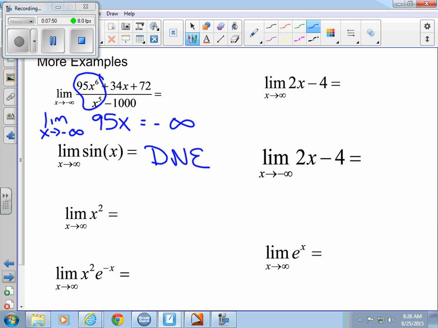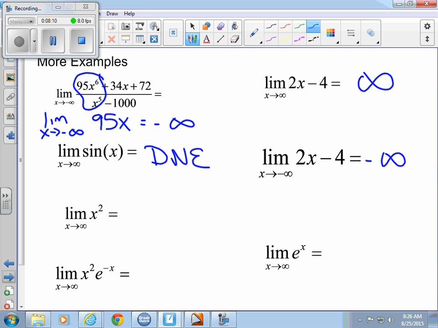The limit as x goes to infinity of 2x minus 4. That'll do. Goes to infinity. What about if x goes to negative infinity of that same thing? True.